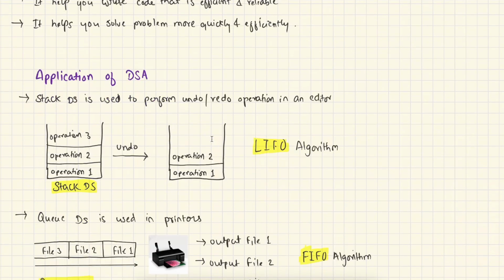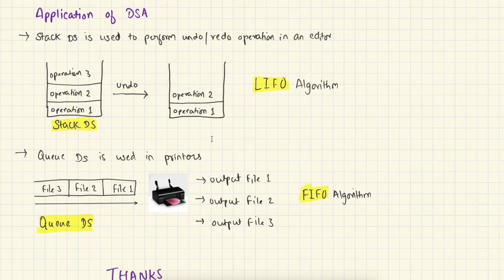So let's see a few examples of data structures. Here I took the very simple example of the stack data structure. We use editors to write text, and whenever we make a mistake, we immediately do an undo operation. Have you ever thought about how undo operations are performed under the hood? Our text editor uses a stack data structure to store all the operations you are performing on the text, right?